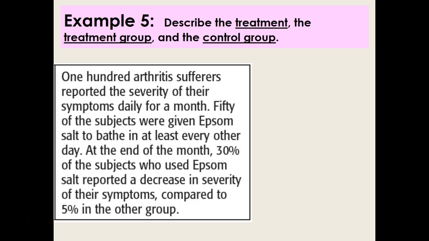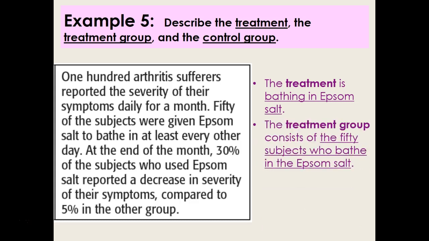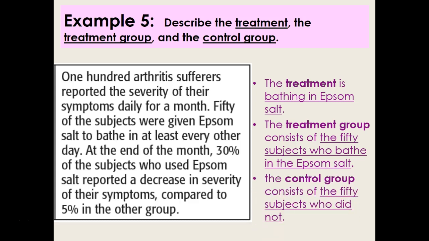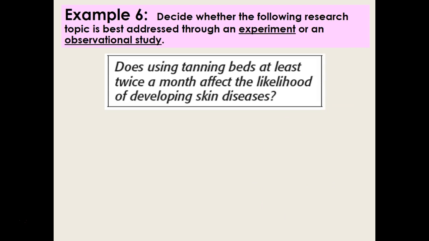So the treatment here is the addition of the Epsom salt, bathing in the Epsom salt. The treatment group would be the group of people who bathed in the Epsom salt, the 50 subjects who bathed in the Epsom salt. While the control group would consist of the 50 subjects who did not bathe in the Epsom salt.